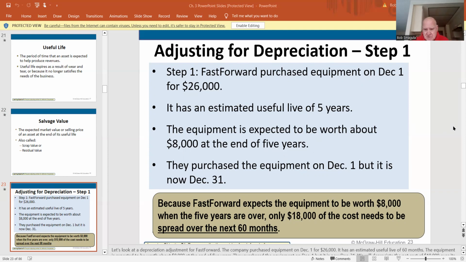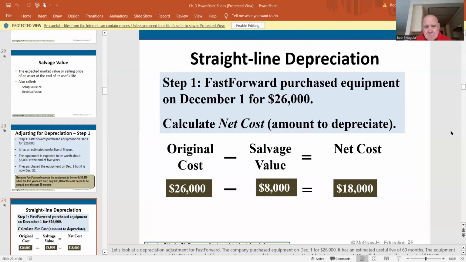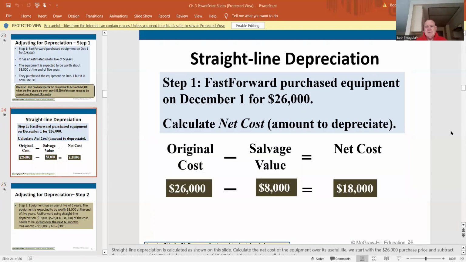Because Fast Forward expects the equipment to be worth $8,000 when the 5 years are over, only $18,000 of the cost needs to be spread over the next 60 months. So we would divide 18,000 by 60, I guess, to get the monthly depreciation.